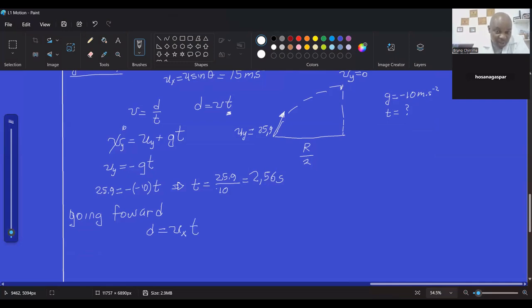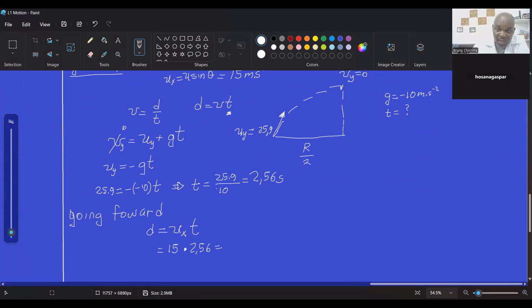So what is the initial velocity? We know the initial velocity is 15. Now we're talking about the x component. What is the time? We just calculated that the time it takes to do half the journey is 2.56. So 15 times 2.56. What happened here? It's 2.59, not 2.56.